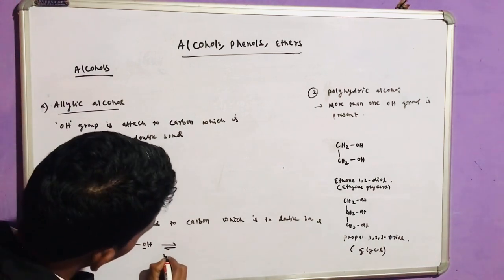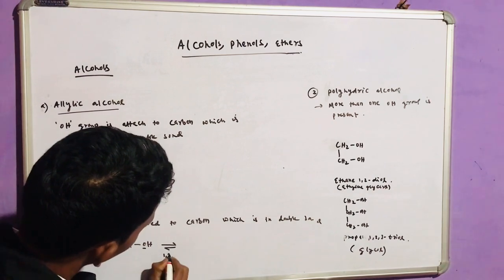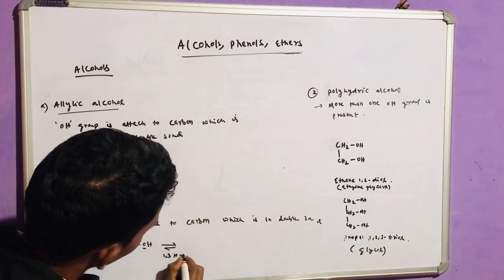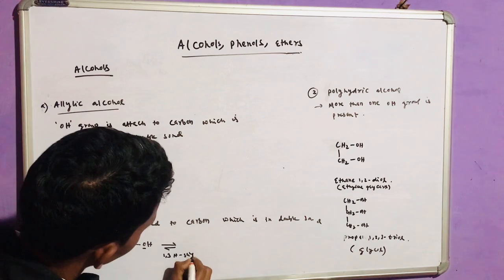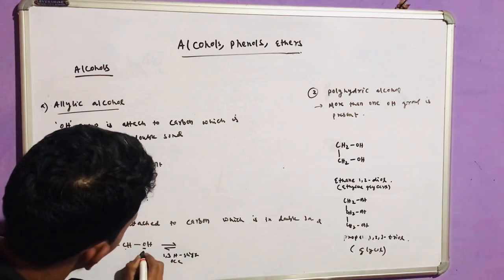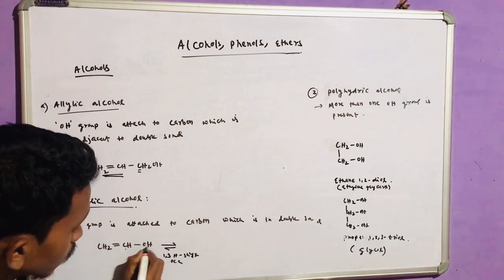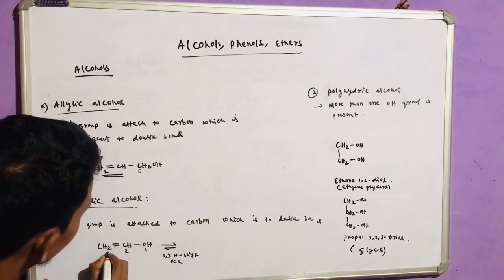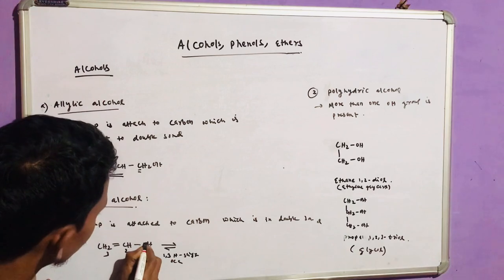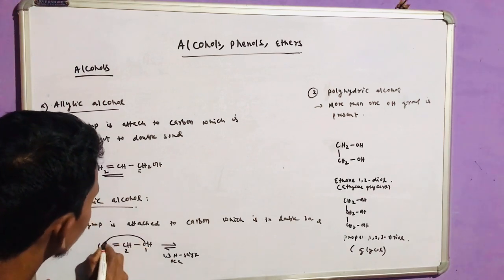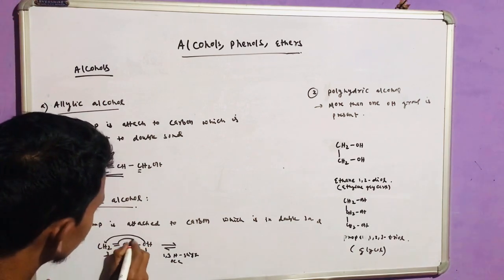So what happens is a 1,3 hydrogen shift occurs. If you take the OH group as 1, then this is 2, this is 3. This hydrogen will shift from 1 to 3, and the double bond will shift here.